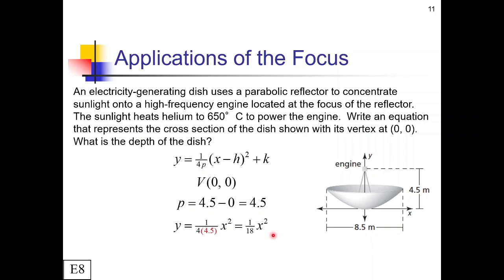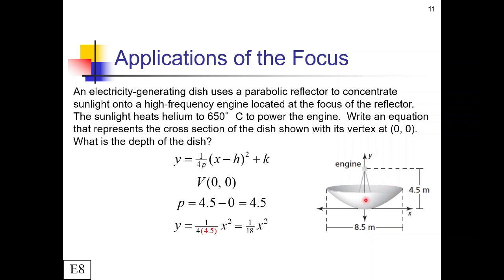Groovy. Now you might be wondering, okay, how do we use this to get the depth of the dish? Well, keep in mind the depth of the dish is essentially the height of this parabola once you've made it all the way to the very edge here. That's as high as this thing should go realistically. Mathematically, this equation will give us parabola heights that are beyond the dish, but we're not interested in any of those. So we essentially need to ask, how tall is this parabola?